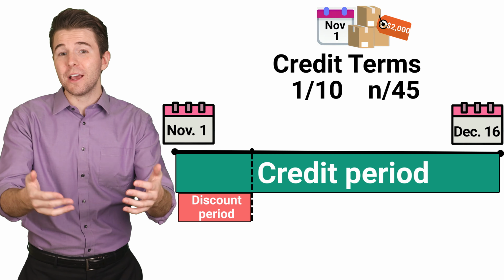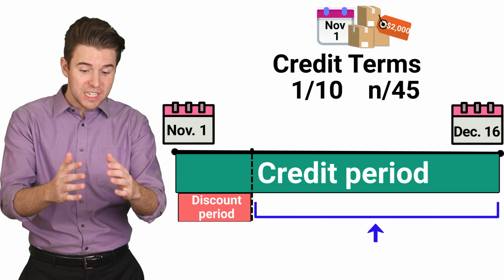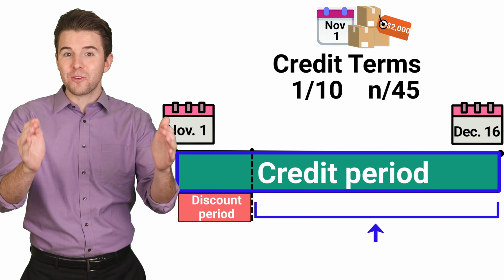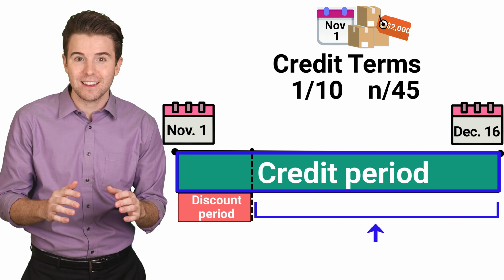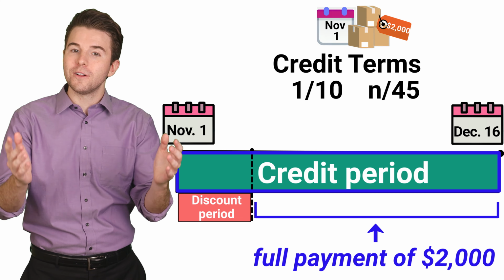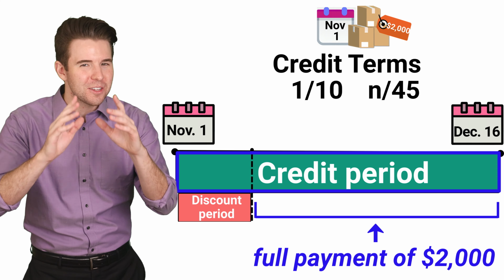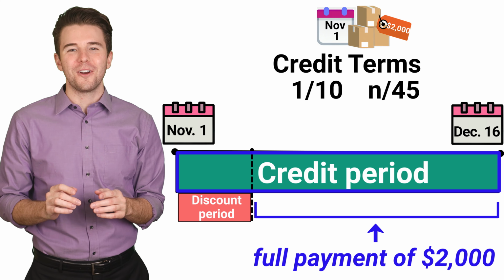Now instead, let's say the discount wasn't that good, or we didn't have the cash during the discount period, or we were out too late the night before and forgot to submit the payment. If we pay after the discount period, but still within the 45-day credit period ending on December 16th, we pay the full $2,000.